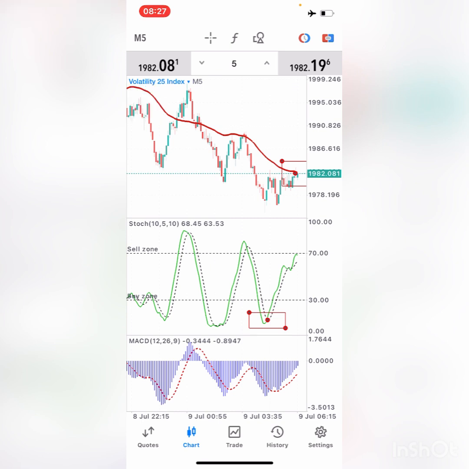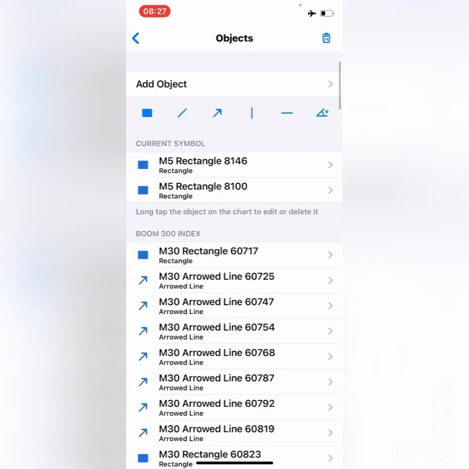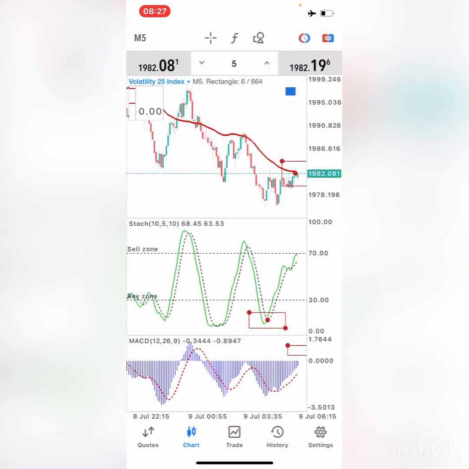If the candlesticks cross to be above that red line, then the next thing that is going to give us our entry is the MACD. And the MACD has to be above this zero level. So once the MACD then crosses to be above the zero level, then we can enter into that buy trade. So it's a combination of three conditions, and if they're all met, then you can jump into the market.